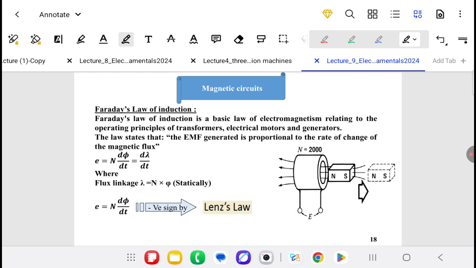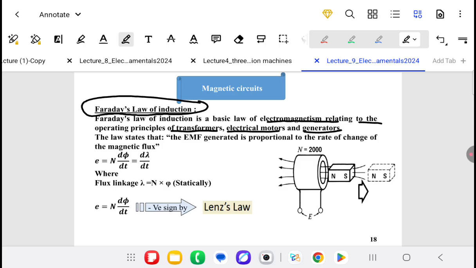The next part is Faraday's law of induction, which is the base theory of induction furnaces, transformers, and many other devices. Faraday's law of induction is a basic law of electromagnetism relating to the operating principle of transformers, electric motors, generators, and induction furnaces.